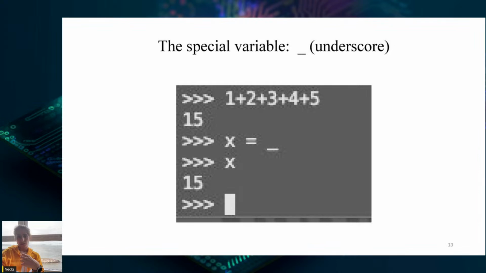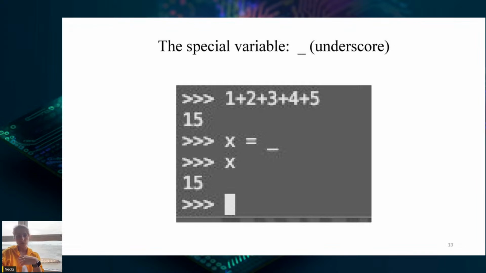Let's talk about the special variable underscore. When you use the REPL, you may perform computation and see the results. MicroPython stores the result of the previous statement in the variable underscore, like here. So you can use the underscore to save the result in a variable.